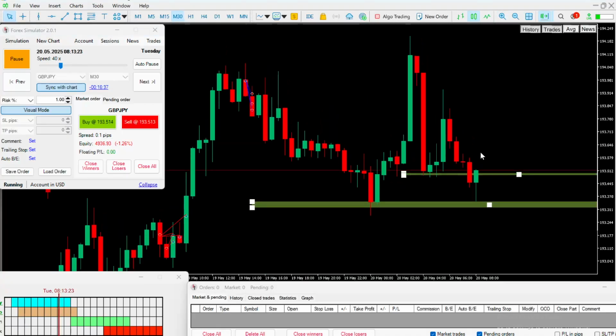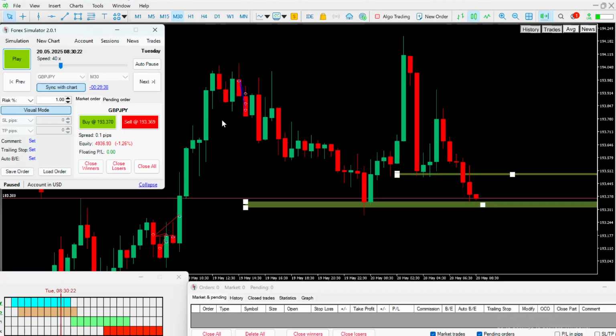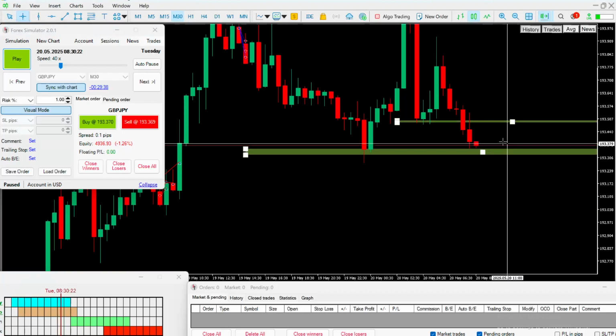So the strategy is basically price action strategy. That's it. Yeah, I would like it to be bullish here, or create a bullish candle here, because I'm not taking a sell here after all these red candles.